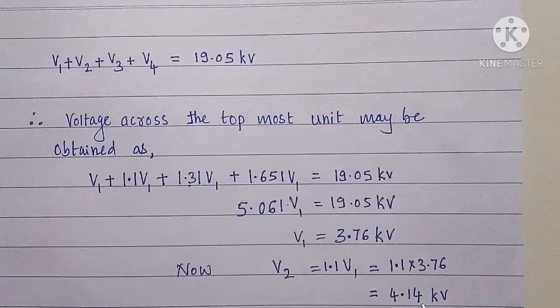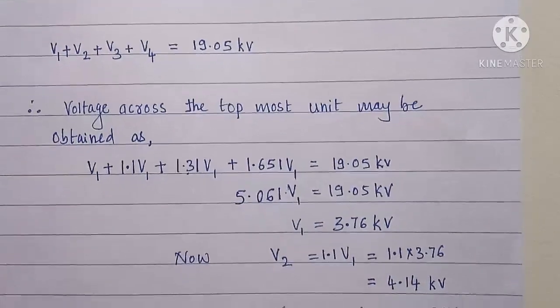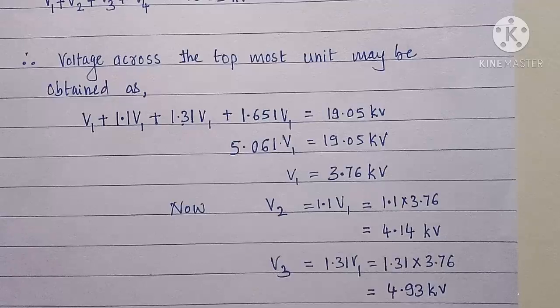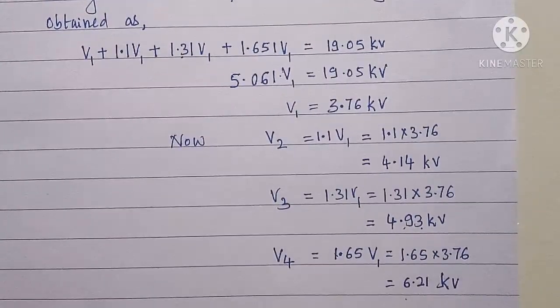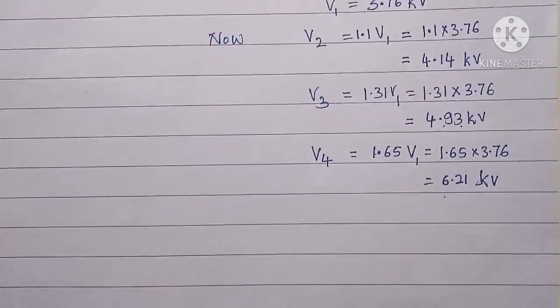On multiplying we get 4.14 kV. V3 is 1.31 times V1, that is equal to 1.31 into 3.76. On multiplication we get 4.93 kV. Similarly, V4 is equal to 1.65 times V1. On multiplication we get 6.21 kV. Next we have to calculate string efficiency.